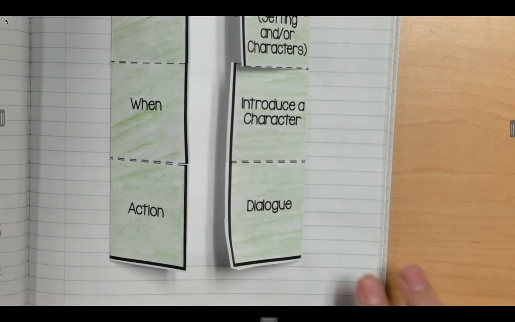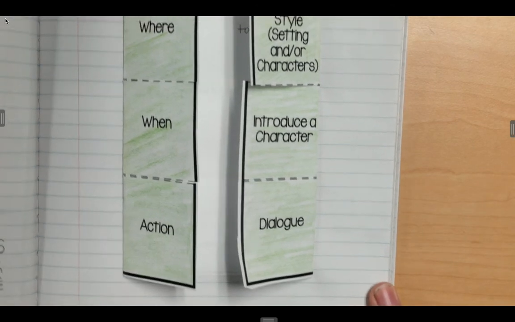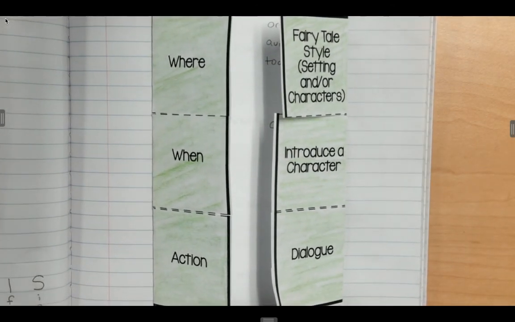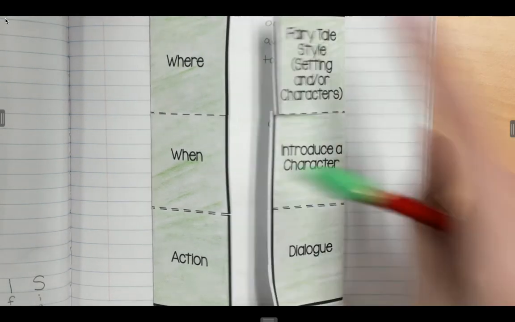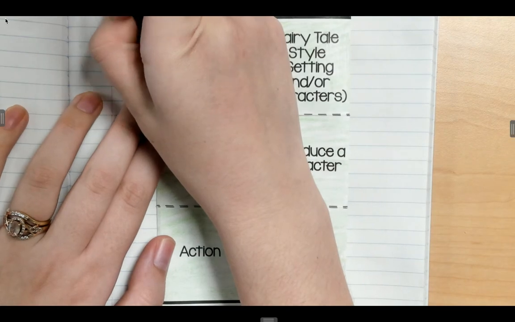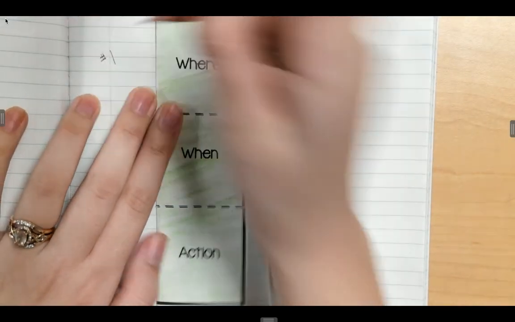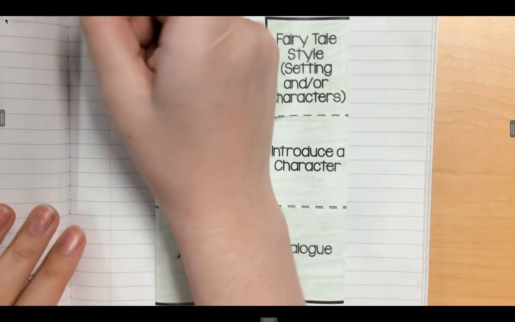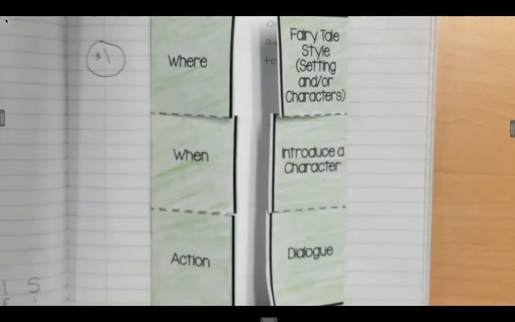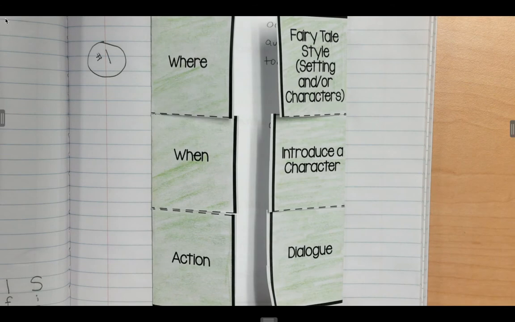Now that we've finished going through all of these, I just want to do a little activity to let us know which ones we can and cannot use. Number one is where. Where is always one we can use. So yes, we can use where in our narrative writing for this unit.